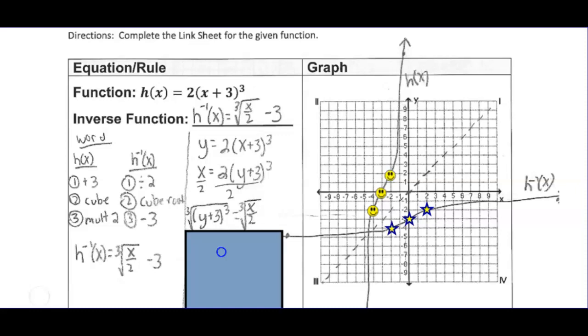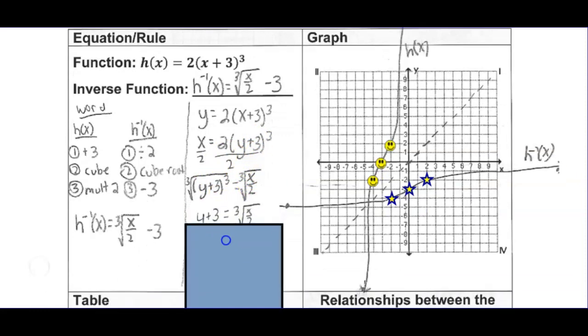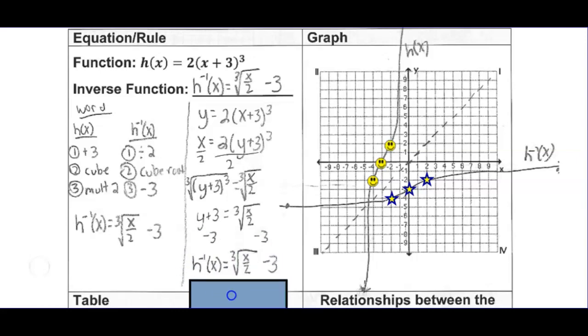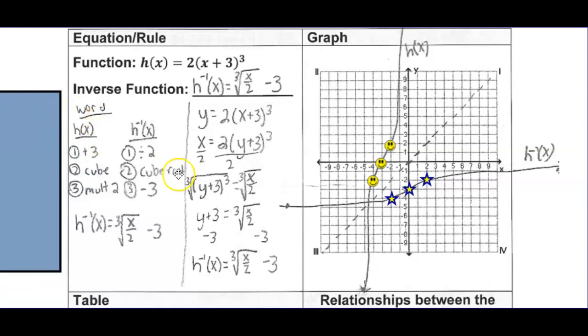And so a cube root is going to cancel a cube, and that entire x over 2 fraction has a cube root on it. You notice that I switched the sides here, and that's because we want y to be on the left eventually. Then after it's been cube rooted, that cube goes away, and all we need to do then is subtract the 3. And so we have our h inverse function using the algebraic method. So word form or algebraic will work for most functions.